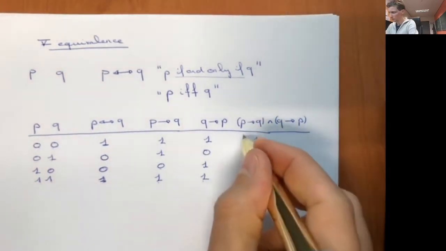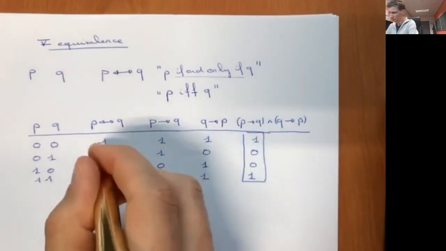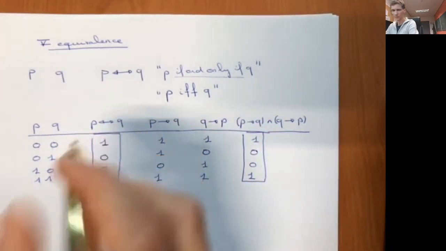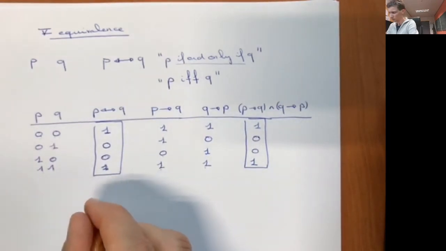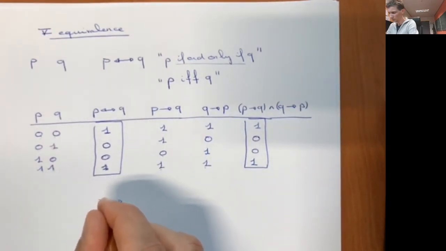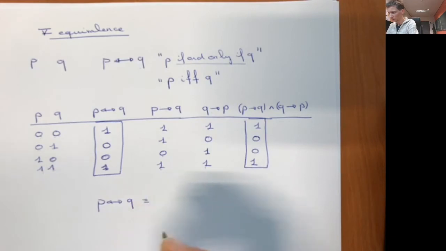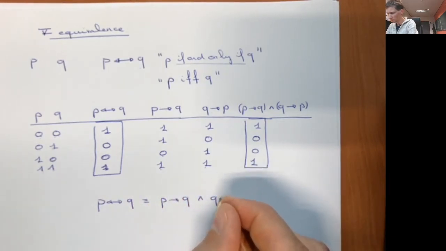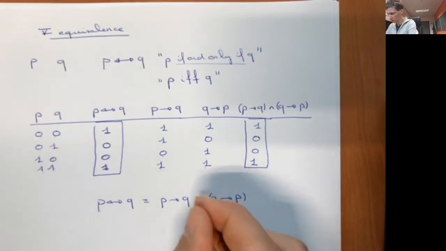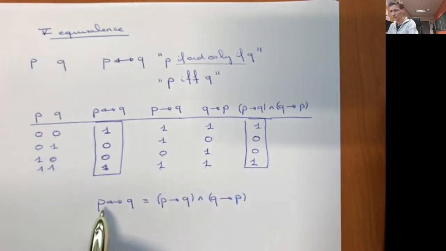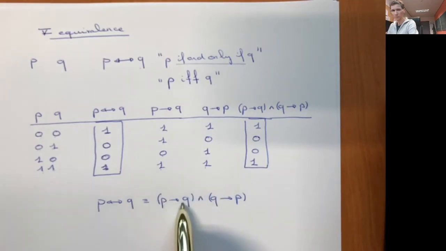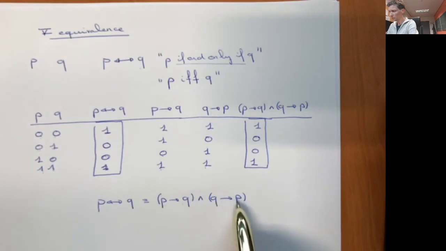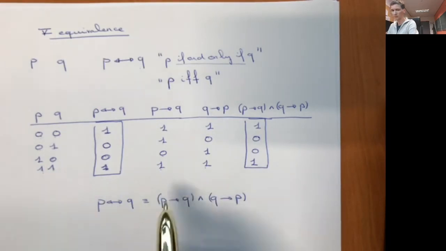And you see that this column here is exactly the same as this column here. So we get the equivalence: P if and only if Q is the same as P implies Q and Q implies P. So in order to show that P if and only if Q, you can show that P implies Q, you can show that Q implies P, and because you have shown that both are true, then the AND will be true, so we have an equivalence.